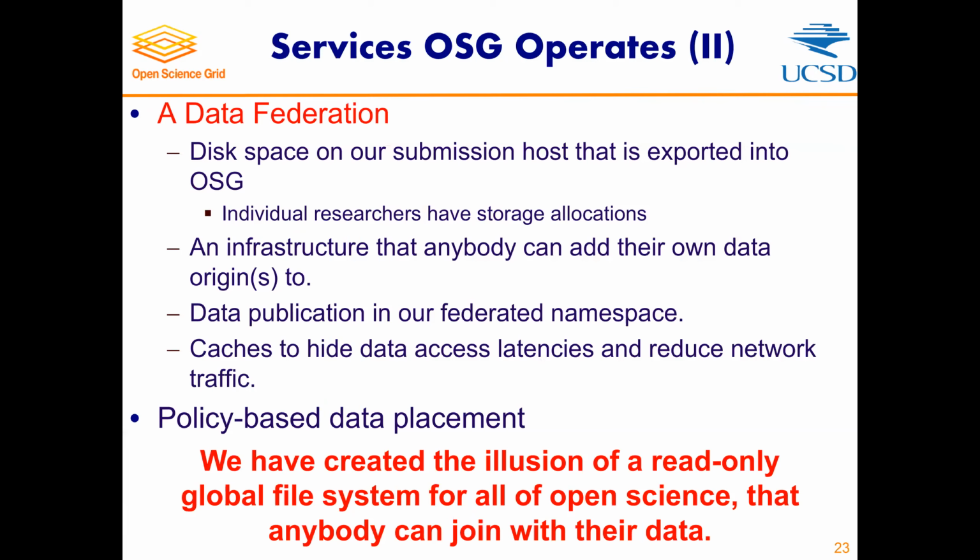And we also eat our own dog food, meaning we have some that we operate ourselves. And then we have caches deployed in the US and one cache deployed in Europe, which I'll get into in a moment, in order to hide access latencies and reduce network traffic. So the cache deployment inside the Data Federation is effectively in order to make this work better, whereas the origins is to grow the total data available to the community that is served by the Federation.